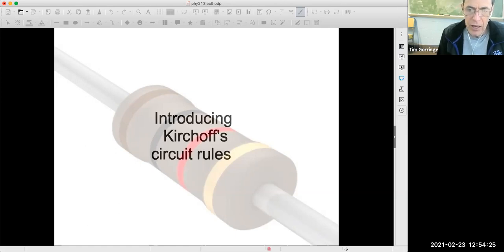It turns out that the concept of the equivalent resistance is a good tool for solving many circuits. We just solved the prior circuit with it, but it's not a tool that can solve every circuit. We're going to look at a circuit that it does not solve, and that's where Kirchhoff's circuit rules come in.